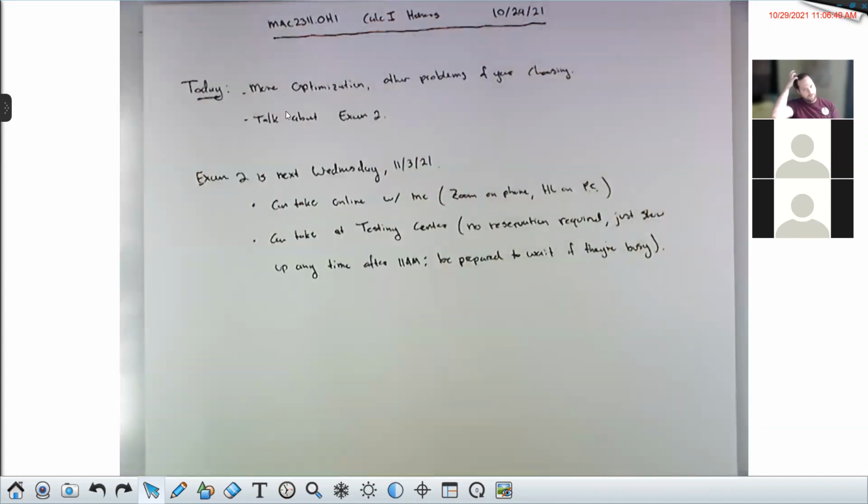So they might ask you to wait for a proctor or a computer to become available if they don't have any right when you get there.